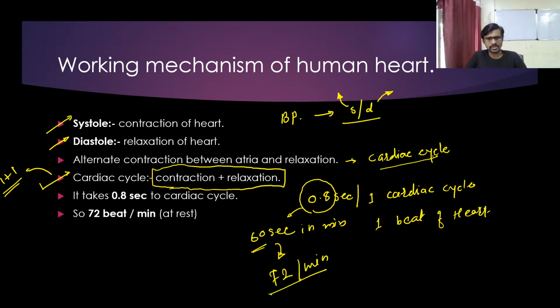Actually, it is slightly less in a male and slightly greater in a female, but we still use 72 per minute. Since it takes 0.8 second for one cardiac cycle, if you calculate how many cycles in 60 seconds, the answer is 72. That's why we take 72 beats per minute at rest. The very important phrase here is at rest.